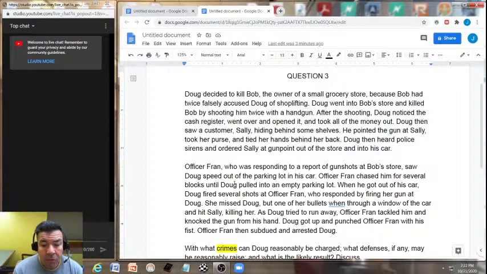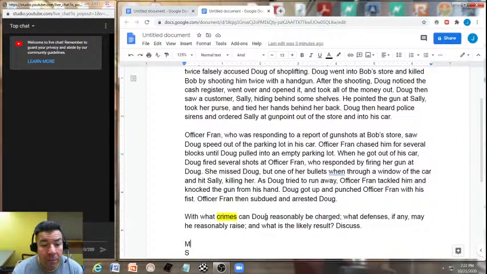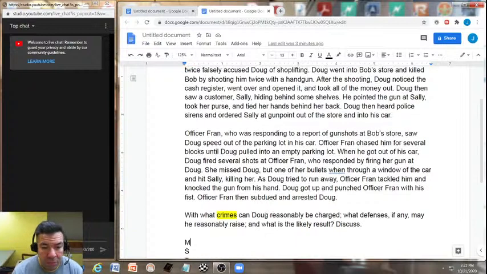As Doug tried to run away, Officer Fran tackled him and knocked the gun from his hand. Doug got up and punched Officer Fran with his fist. Officer Fran then subdued and arrested Doug. With what crimes can Doug reasonably be charged? What defenses, if any, may he reasonably raise? And what is the likely result?